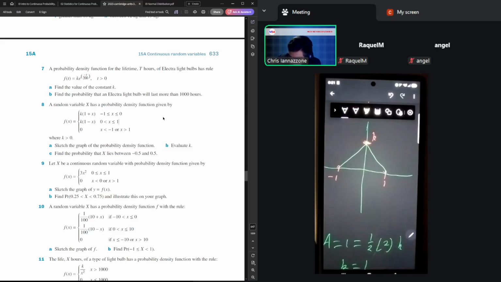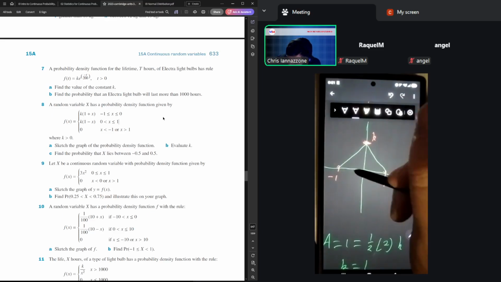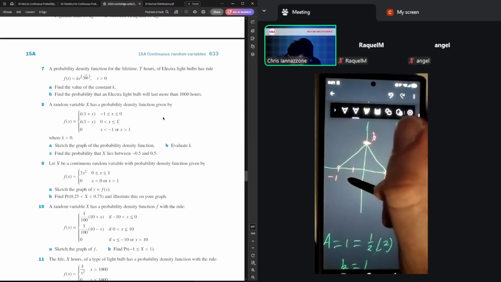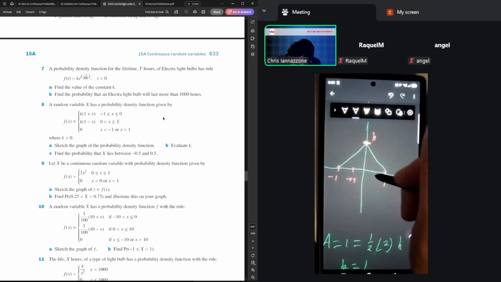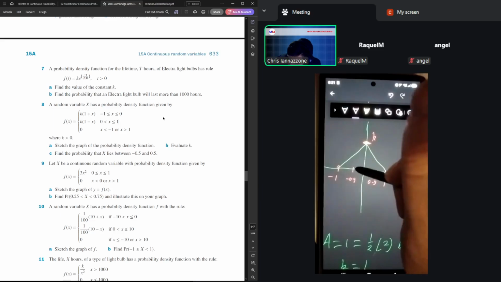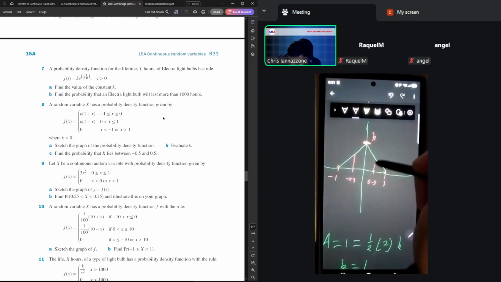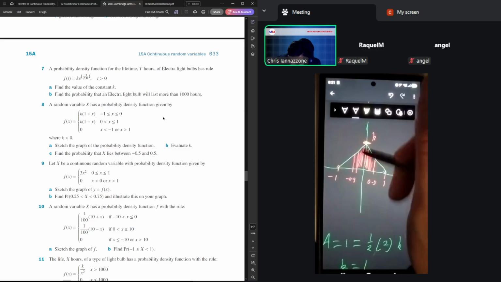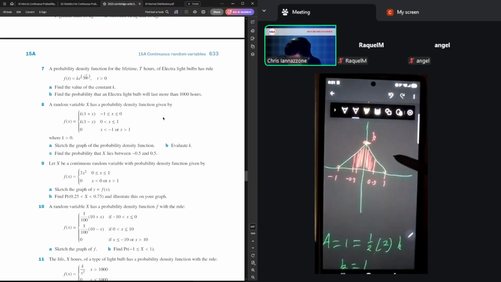Let's pretend we don't have CAS and we have to do this tech-free. The reason why negative 0.5 to 0.5 is a bit of a nasty domain is because the area is covering two separate curves. We want this little slice in here and this little slice in here, and it's given by two separate things. It's not as nasty as it might seem because of the symmetry nature of what's going on.